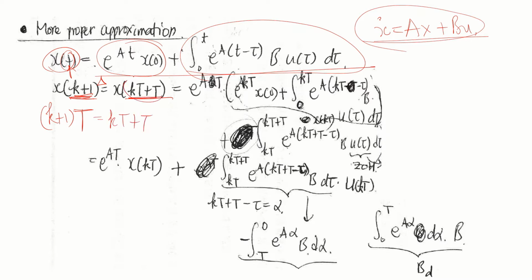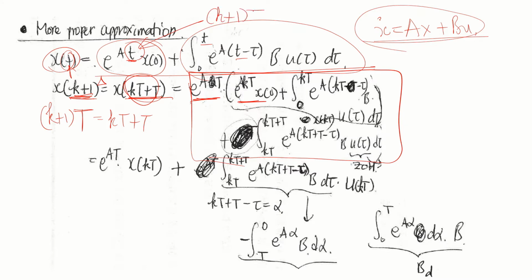So you plug in this expression for the t here, then eventually you are going to have this. This one times that will give you this. So this is now (k plus 1)T.